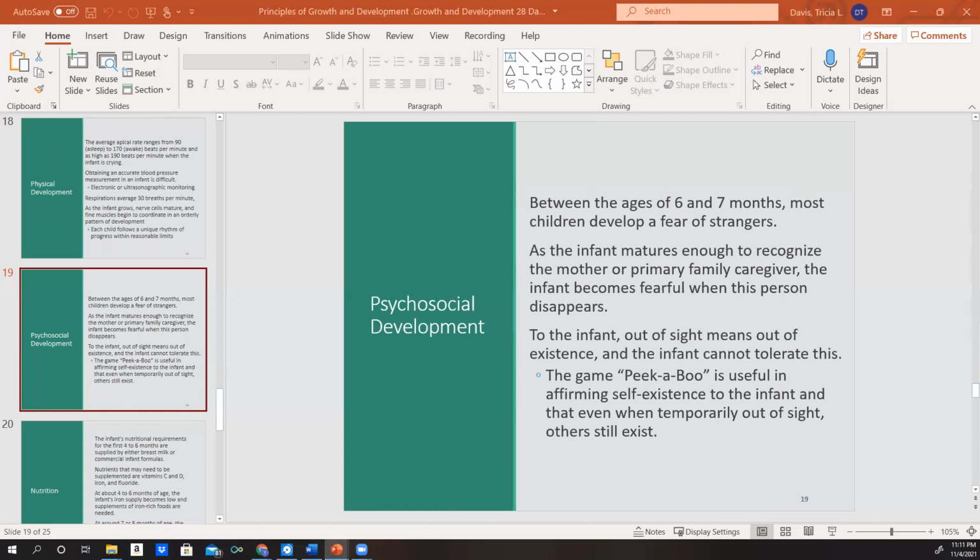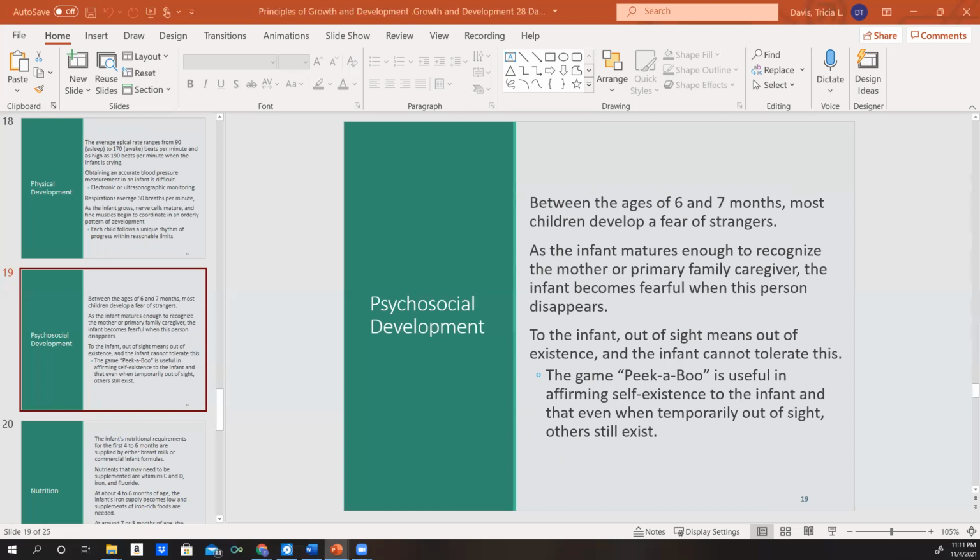As that infant matures enough to be able to recognize the mom or whoever the primary family caregiver is, that infant will start to become fearful when that person disappears and they can't see them anymore. To that infant, in their minds, out of sight means out of existence. They don't know that mom will come back in a couple of minutes. They don't know that they just stepped out of the room or went to work for the day.